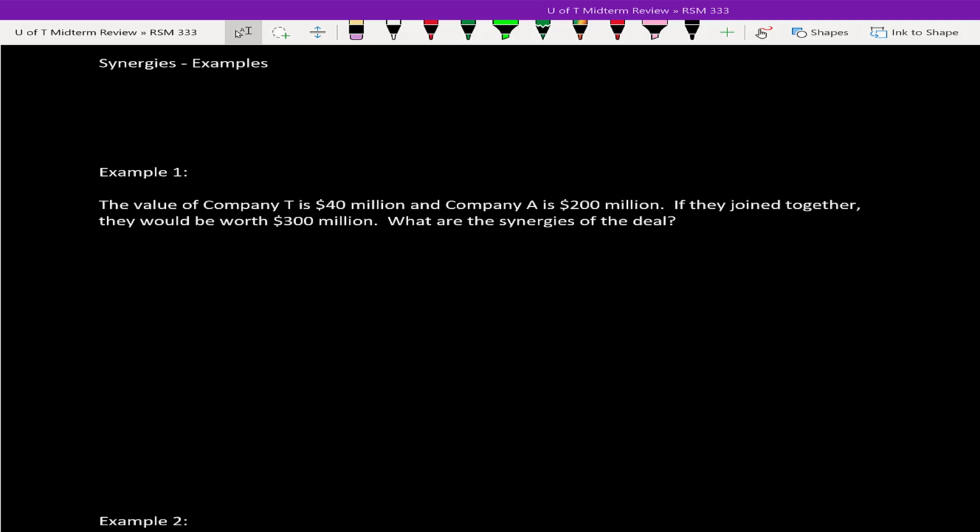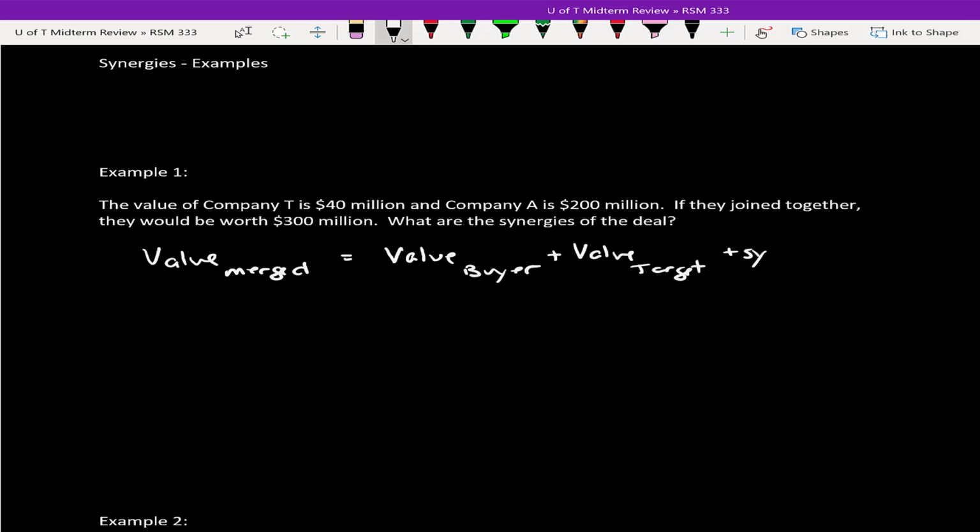So this one is relatively straightforward, but it introduces an interesting concept. The value of the merged firm is going to be the value of the buyer plus the value of the target plus synergies.